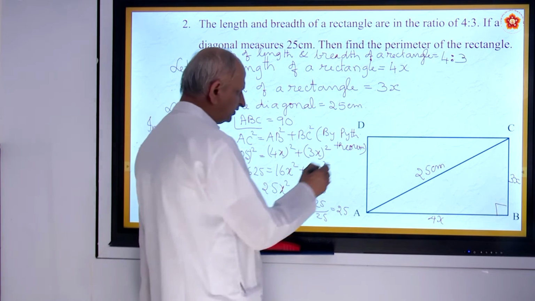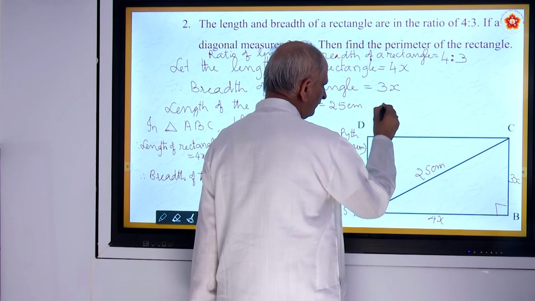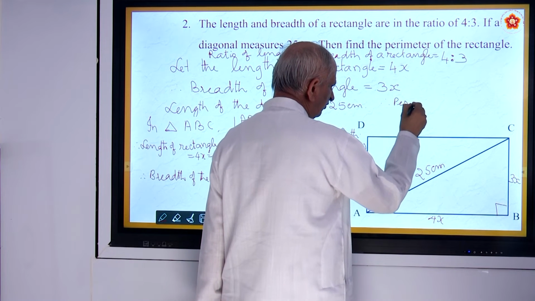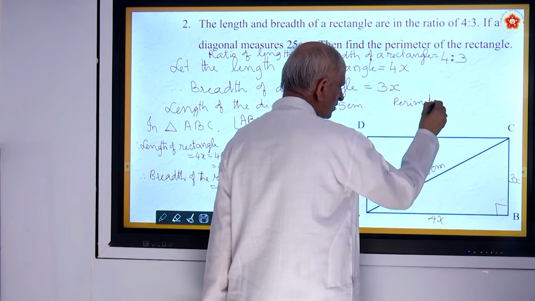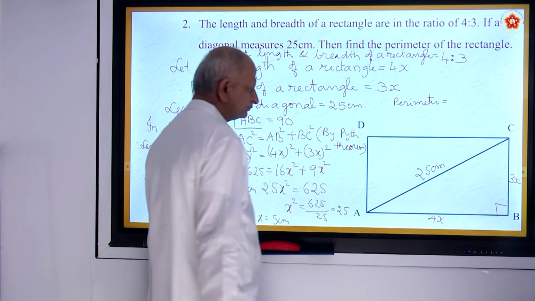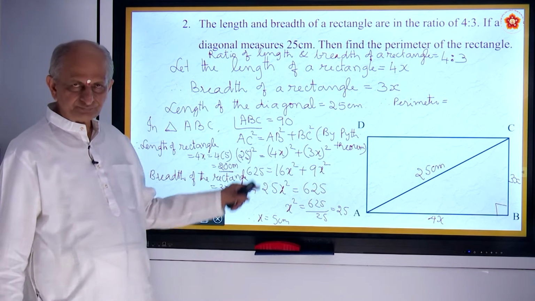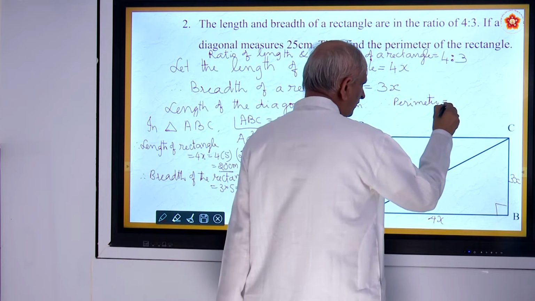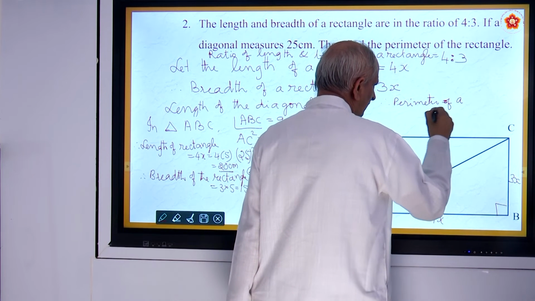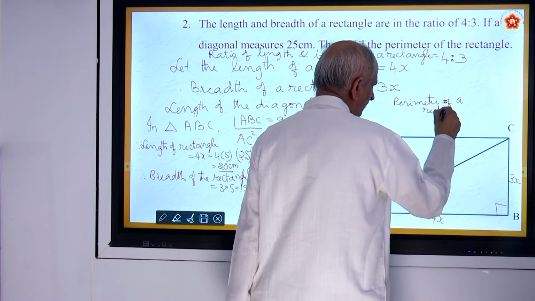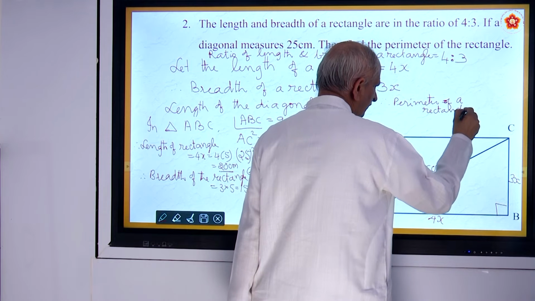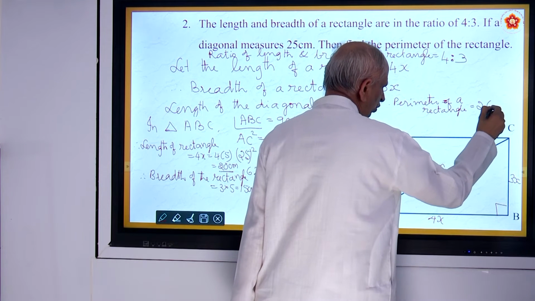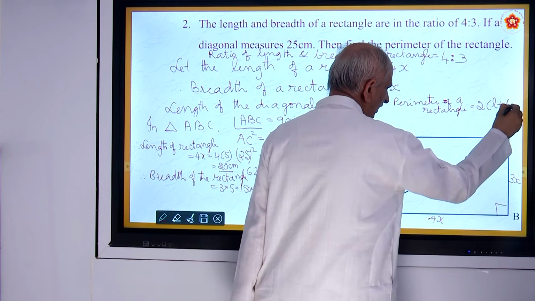So, I will write it here, last step. Therefore, perimeter of a rectangle is equal to, note down, perimeter of a rectangle. Formula 2L plus 2B or 2 into L plus B, correct?